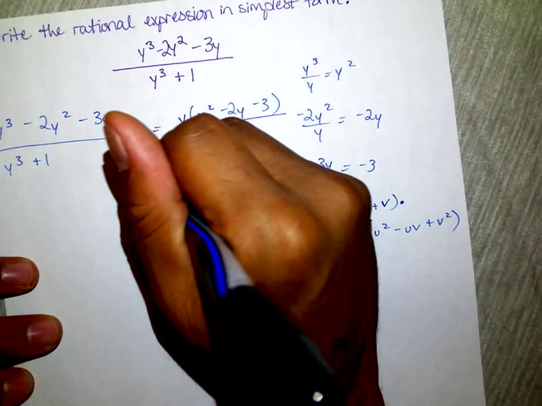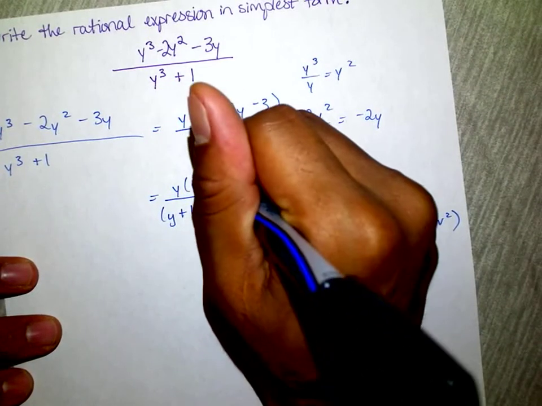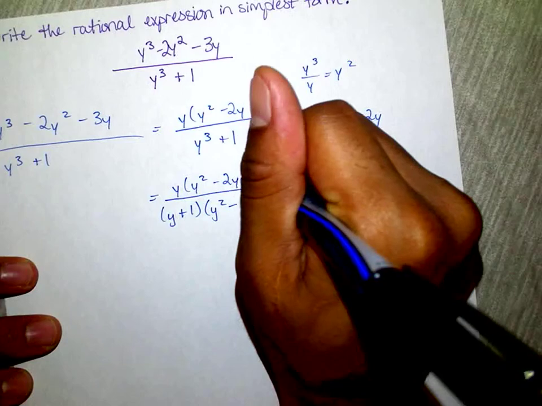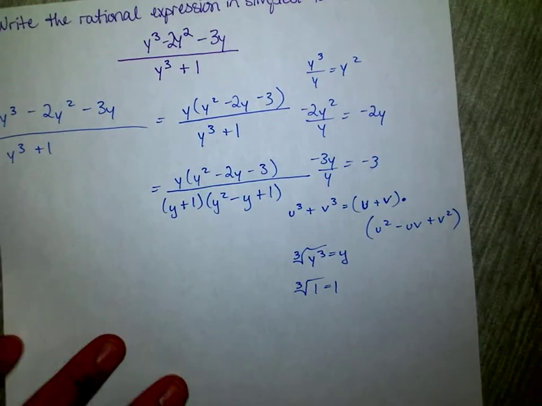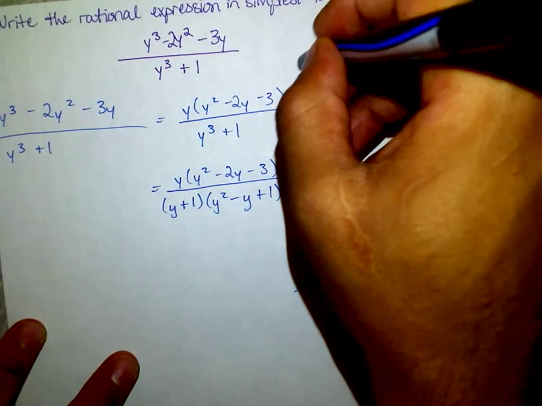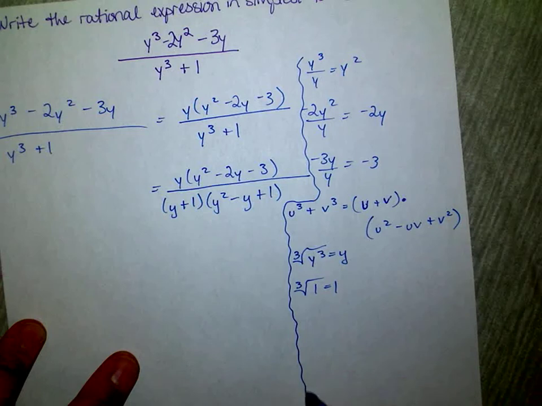And on the top we're still going to have y, and then we're going to have y squared minus 2y minus 3. Okay? Alright, so let's keep it moving, going down the page. And let me separate some of this for us so we don't get anything confused here.